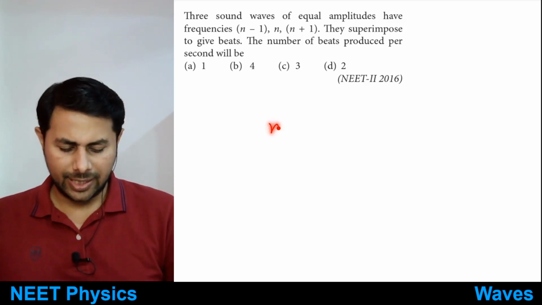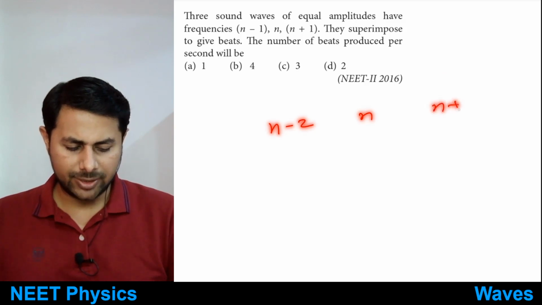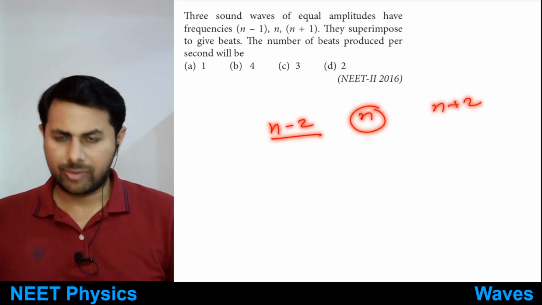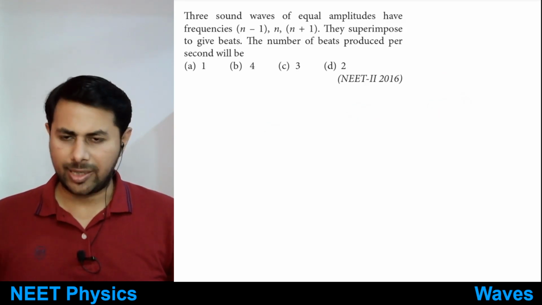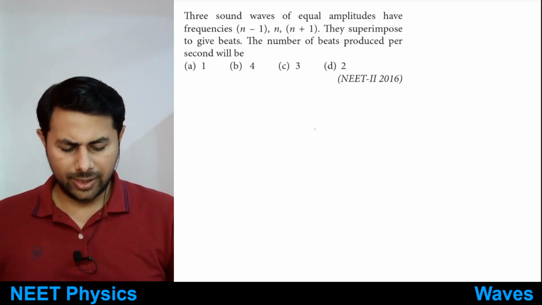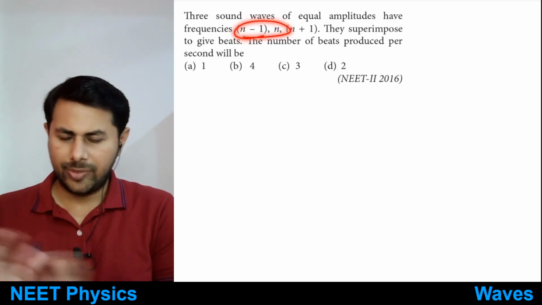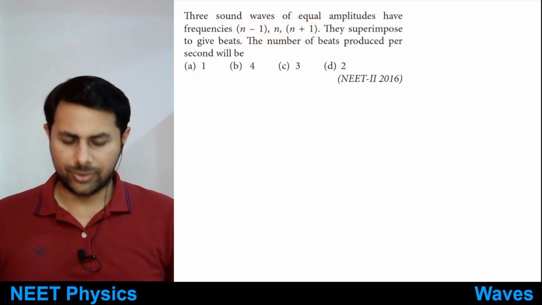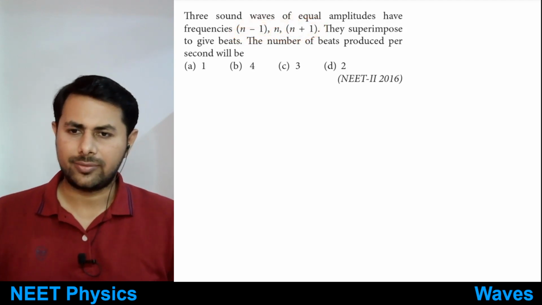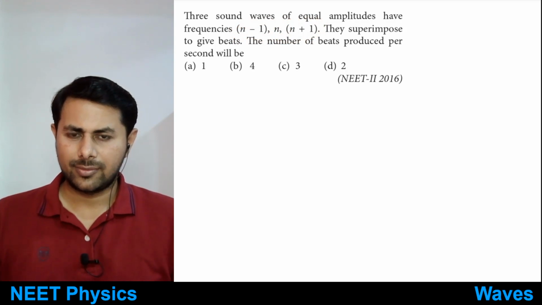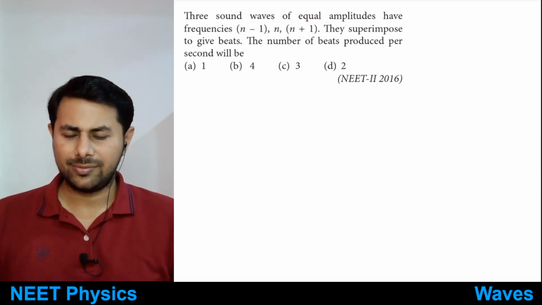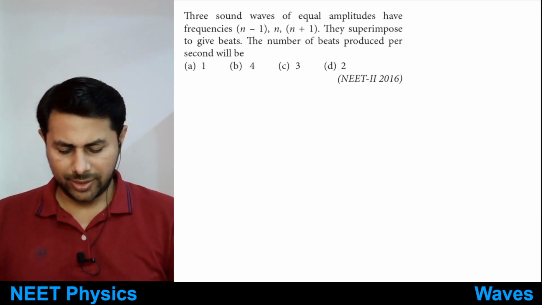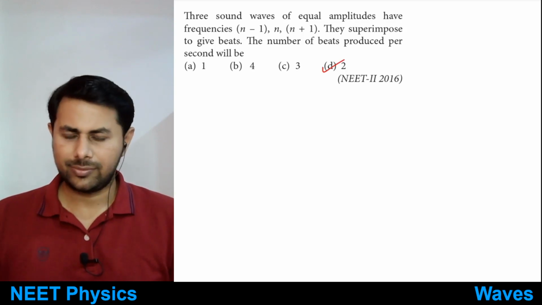So if it was n minus 2, n and n plus 2, total number of beats would be equal to what? If they are separated by same interval, then it is just the beats between first two and beats between the last two, add those. Okay, so that is your answer. This is clear? Okay, so answer to this would be 2.